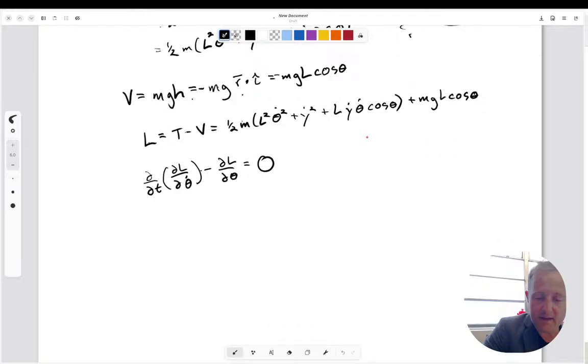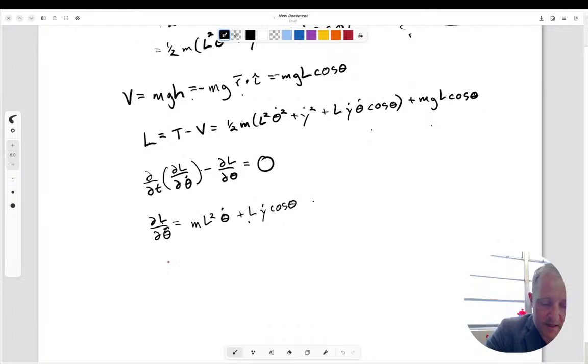All right, so where do we have theta dots? Only in the kinetic energy, and we only have theta, and theta does come up in both kinetic and potential here and here. So let's see this. dL/dθ̇ is m L squared θ̇, and the ẏ goes to 0, plus L ẏ cosine θ, and then that's it.